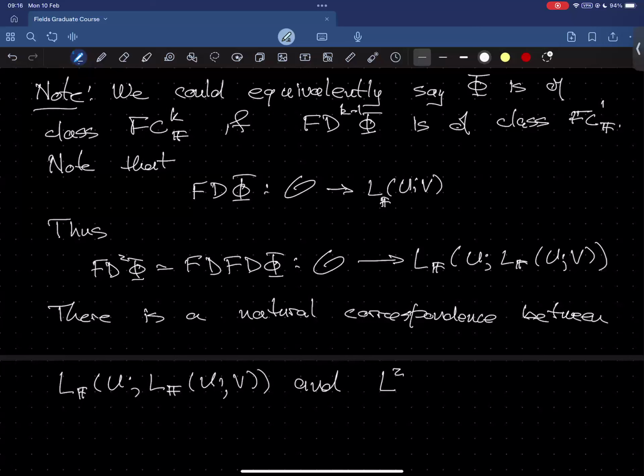Okay, so these ones will be bilinear because there's two copies of U. So these are bilinear mappings from two copies of U into V. And let me tell you what that correspondence is.